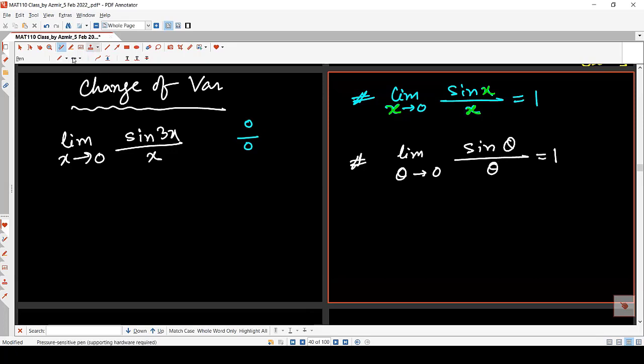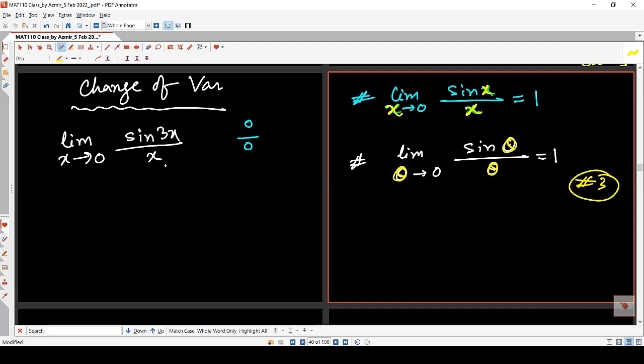So same thing. The main format is that you must have theta both here and here. At the same time, this one should also be theta. That means we have to focus on 3 parts: the limit variable, then sine of x, and then the denominator x. If these 3 things are the same, then only we can write 1. So this is the formula.